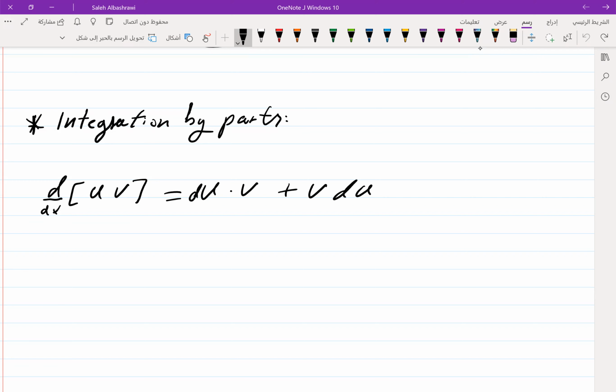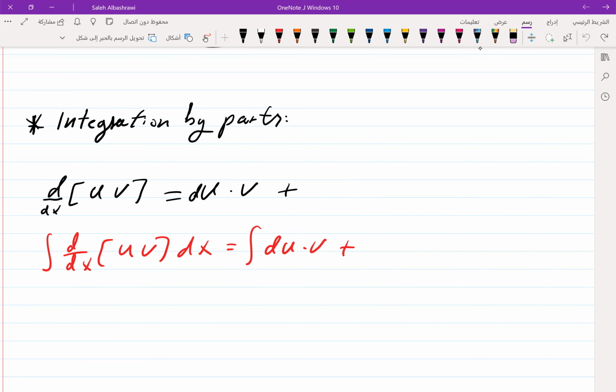Now, if we integrate d by dx of this one, it is equal to the integration of v du plus integration of u dv.